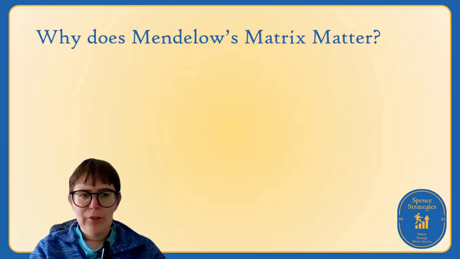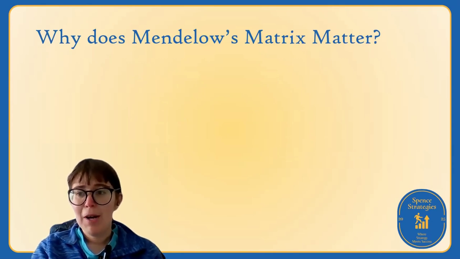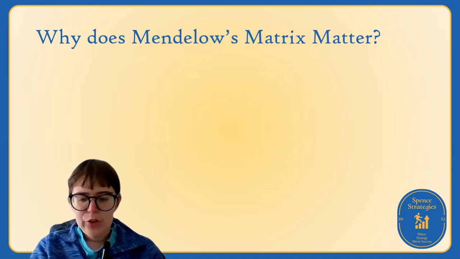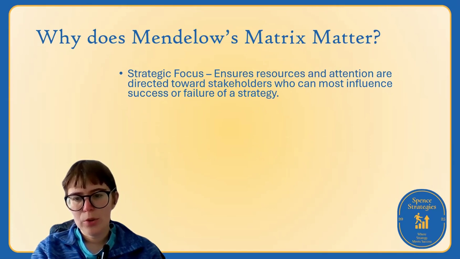So a lot of people will say to me, well, this is all well and good, but why does this matrix actually matter? Well, it gives a strategic focus. So it ensures that the resources and attention are directed toward stakeholders who can most influence success or failure of a strategy.